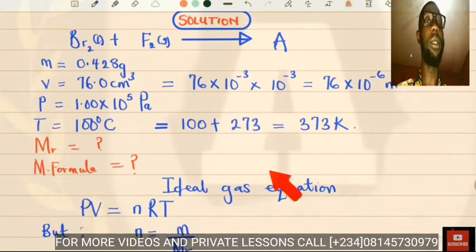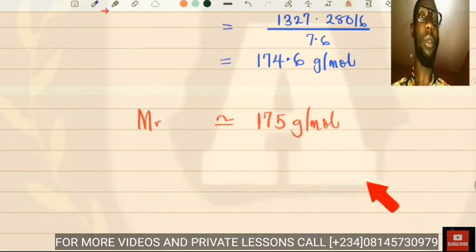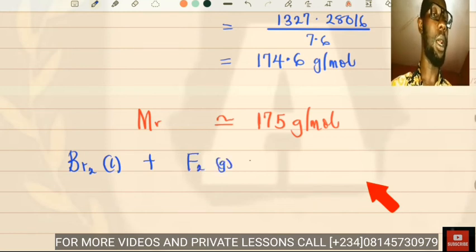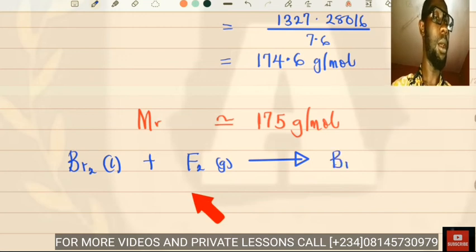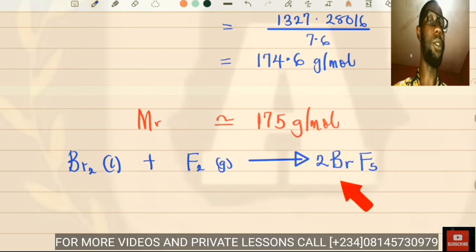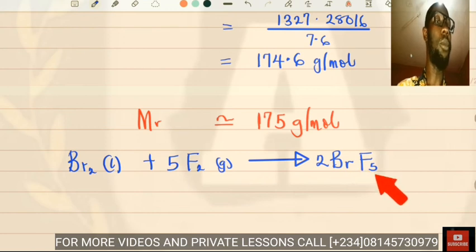Now when we react bromine liquid, Br2, with fluorine gas, we're going to have bromine pentafluoride. We balance up the equation. When fluorine gas reacts with bromine, we're going to have bromine pentafluoride.